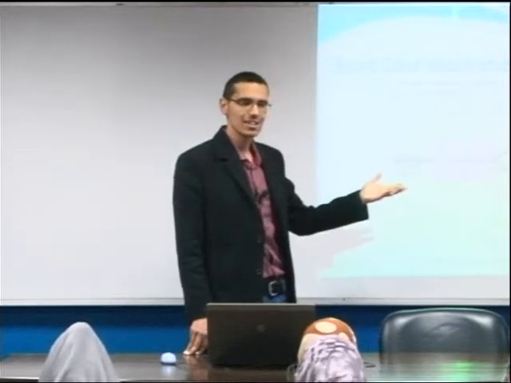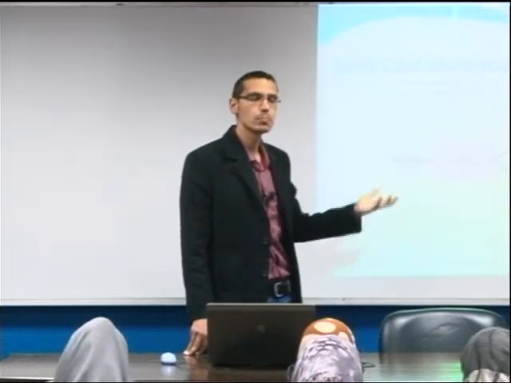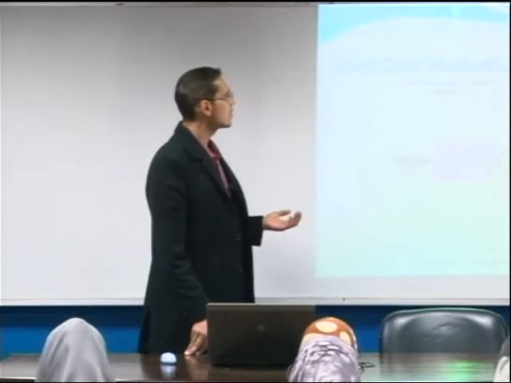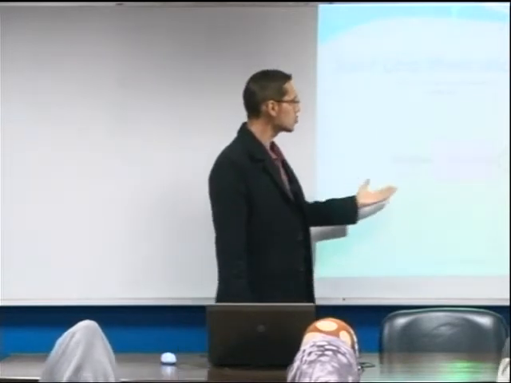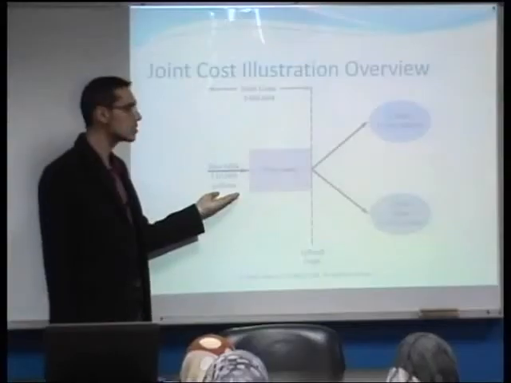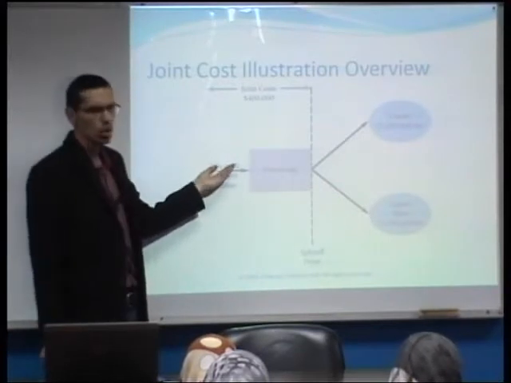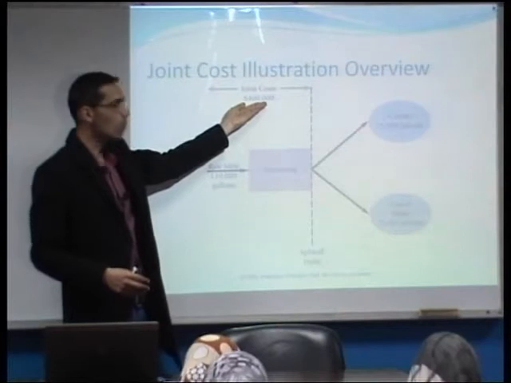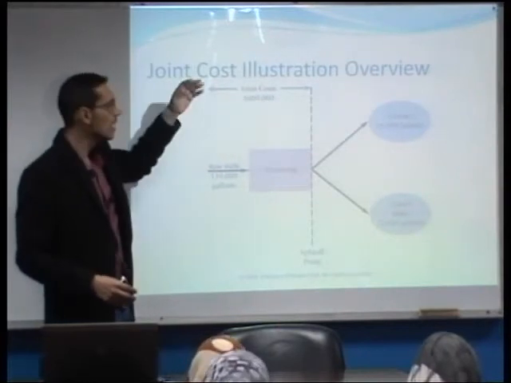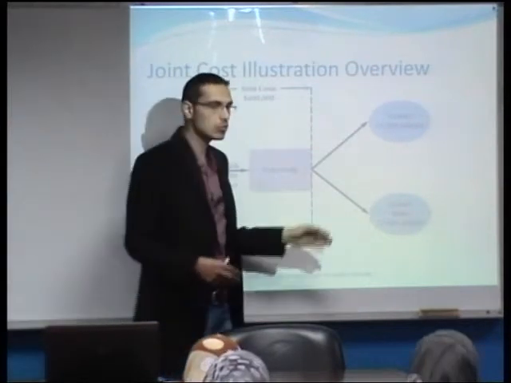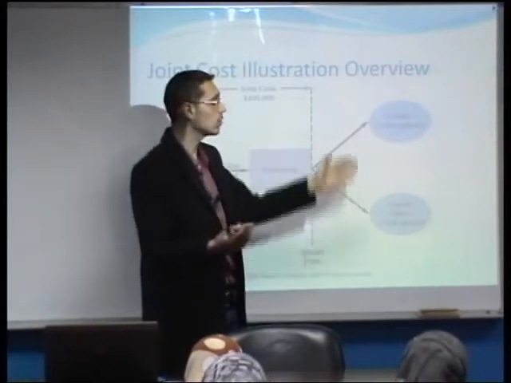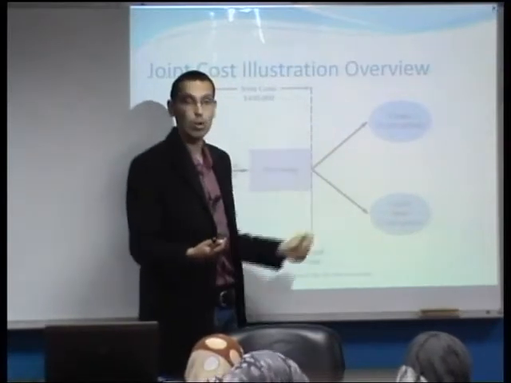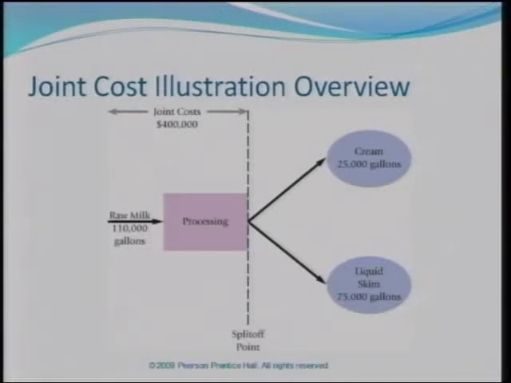And we took an illustration, we took an example. The example said that we processed 110,000 gallons of raw milk, with this joint process costing $400,000. After the split-off point, we would have two different products. Of course, in this case, these are called joint products. The first is the cream.